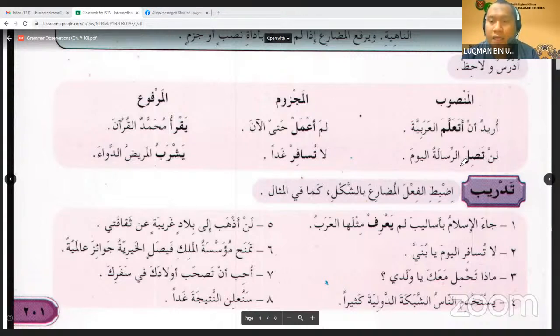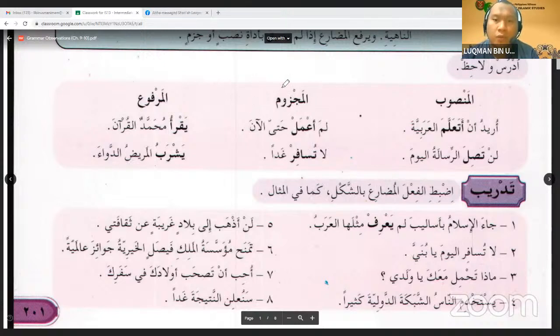So تصل, you see a fatha there. That's mansub, accusative case, because of this lan. So when an imperfect tense of the verb, mudari', is preceded by this particle lan, which means never, negative, it becomes mansub, accusative case. Lan tasila risalatul yawma. I hope that's clear.